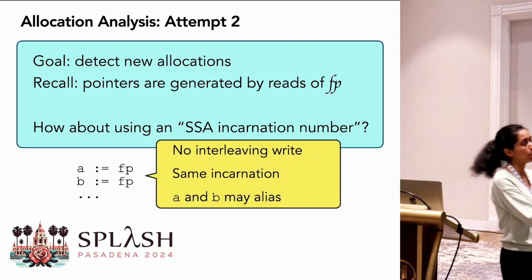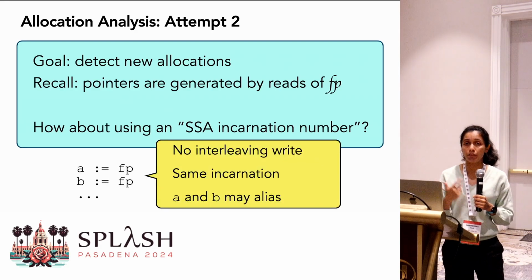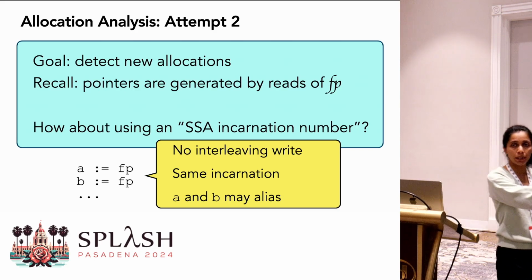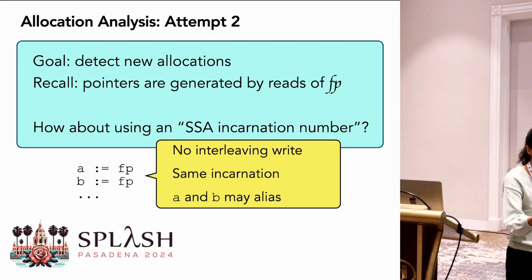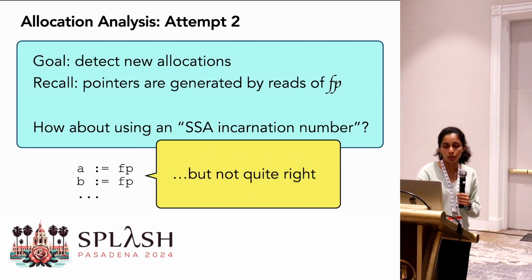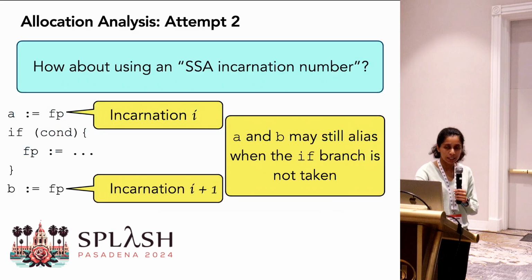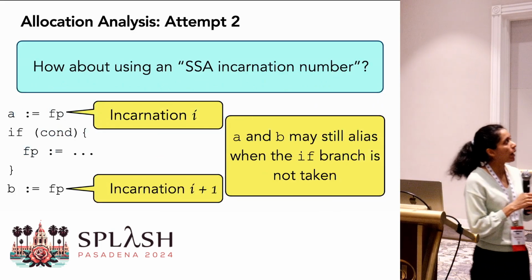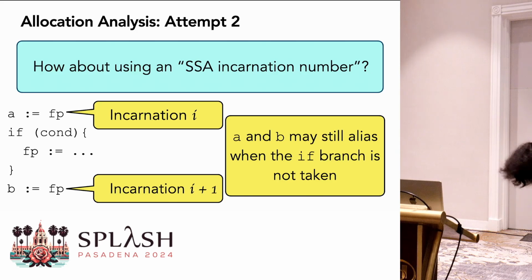In this example, this seems to work, actually, because there are no interleaving writes. So both A equals FP and B equals FP will have the same incarnation number, and so the analysis will say that A and B may alias. That's good. But this is actually not quite right. The problem happens if you have some kind of condition in between those two lines.